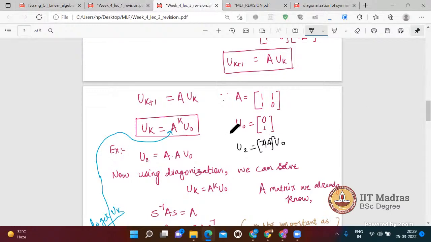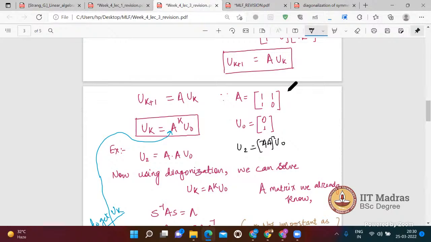If we have been asked about A to the power kth, or its properties, you can do that calculation on the diagonal matrix. You can multiply it kth times. What generally happens is that if you only have the diagonal matrix, you can do it very simply, and with the help of that matrix you will be able to calculate the kth term, right?